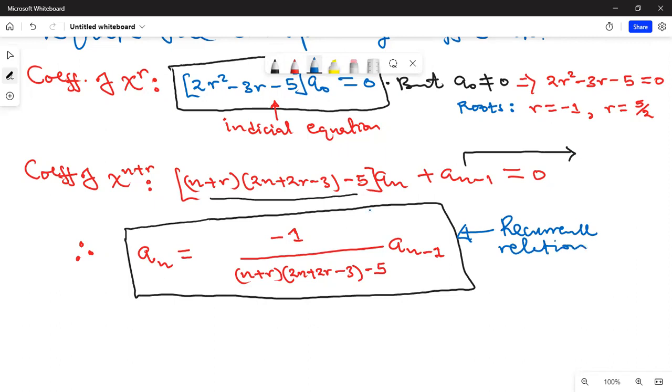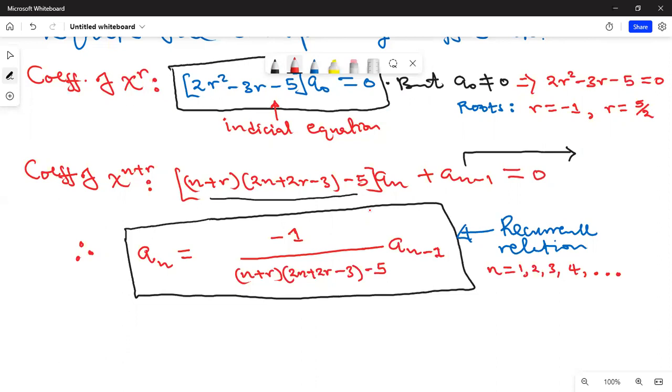And now this relation is valid for all n. n must start from 1 going onwards: 1, 2, 3, 4, etc. There are so many other terms up to infinity. So that's a recurrence relation.